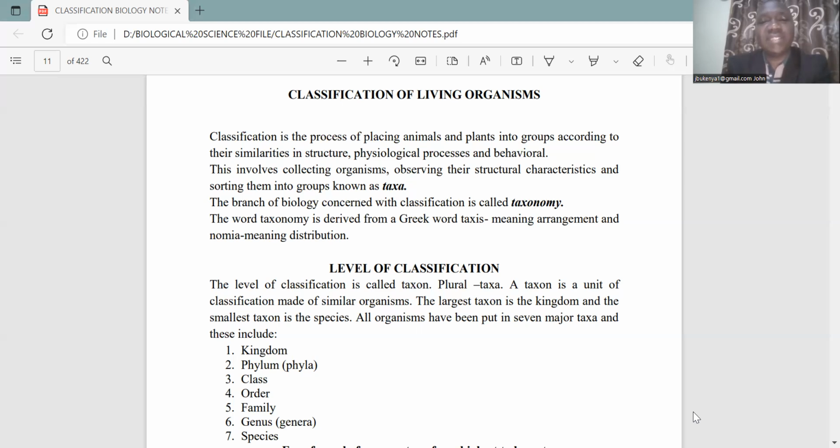When a biologist places organisms with shared characteristics in the same group, closely related members being placed in one group away from the distantly related members, then that is called taxonomy.